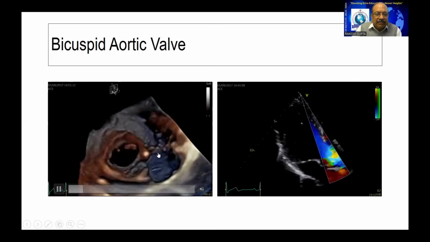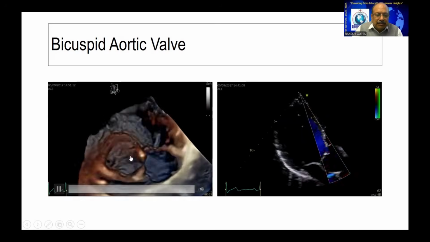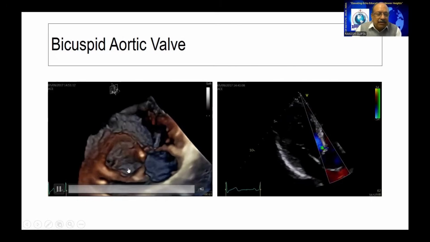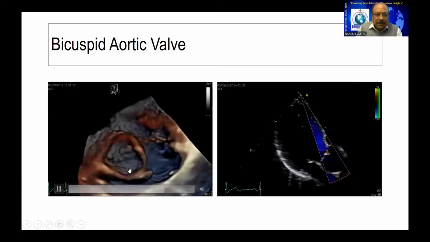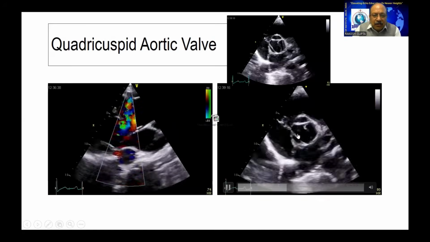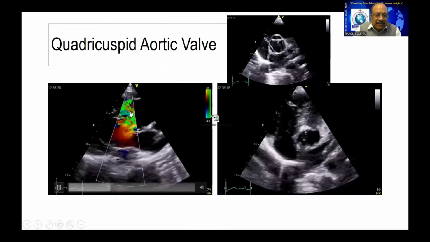This is a bicuspid leaflet, one over here, one over here. This picture was published by General Electric in their GE Healthcare international book. Then quadricuspid. Look at this one over here, second, third, and fourth. Four leaflets are there. Severe AR.